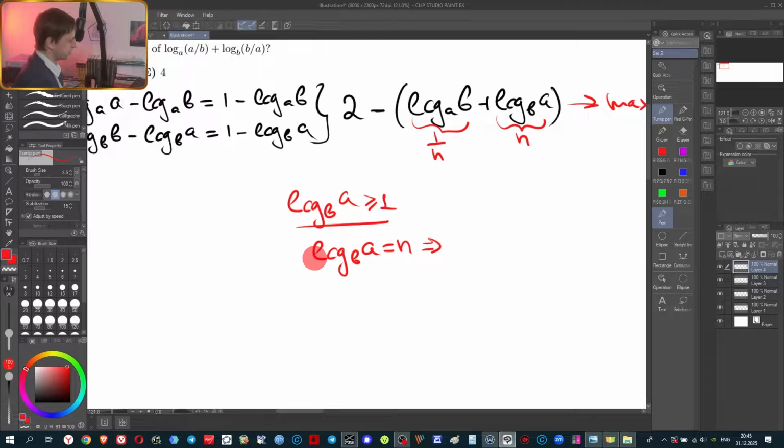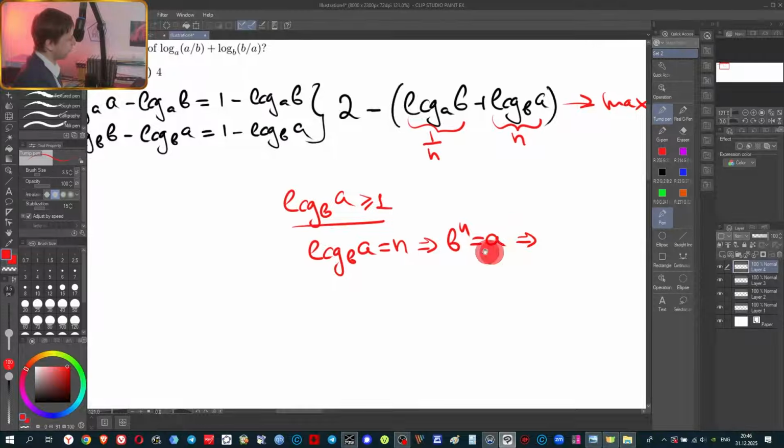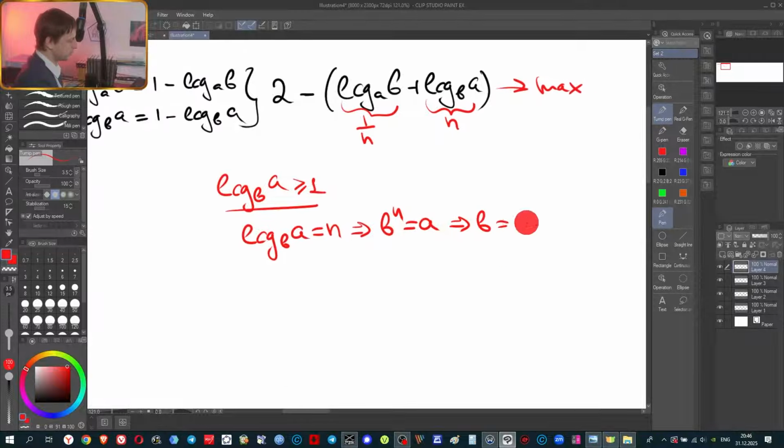This number is by definition the power to which b should be raised to get a. So b to the power of n equals a. If we now raise both sides to the power of 1 over n, we will get that b equals a to the power of 1 over n. So a should be raised to the power 1 over n to get b.